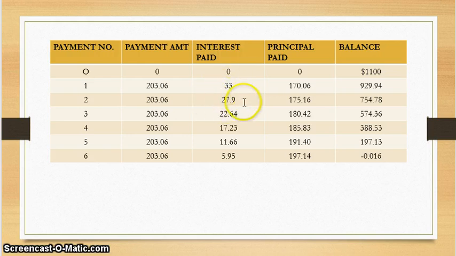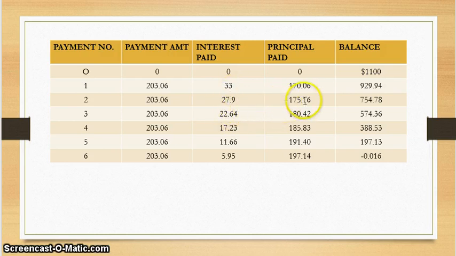Then for the next period, when time is equal to 2, you calculate your interest by saying 0.03 times the previous balance $929.94. So you get $27.09.